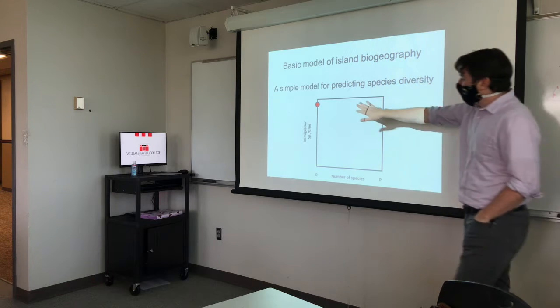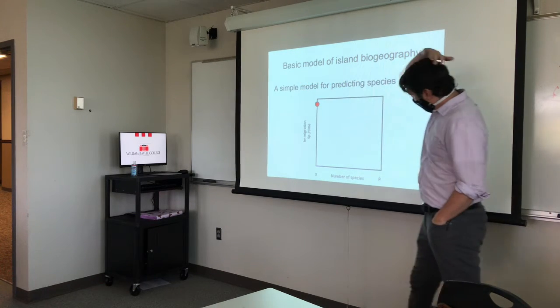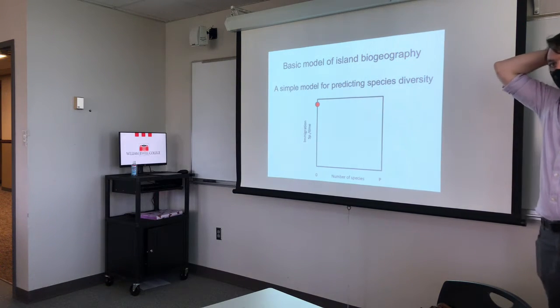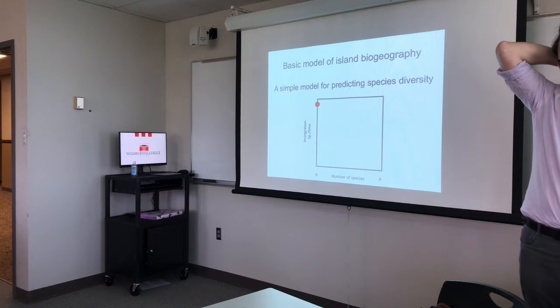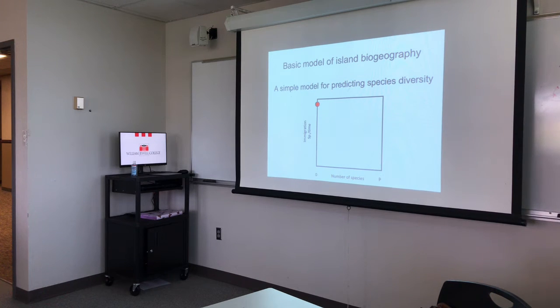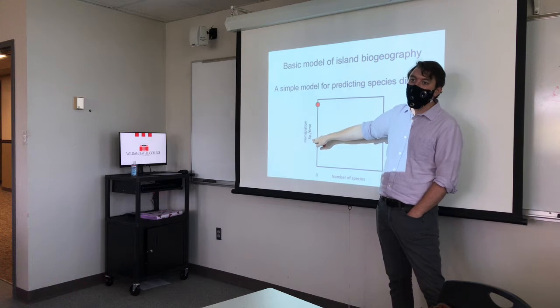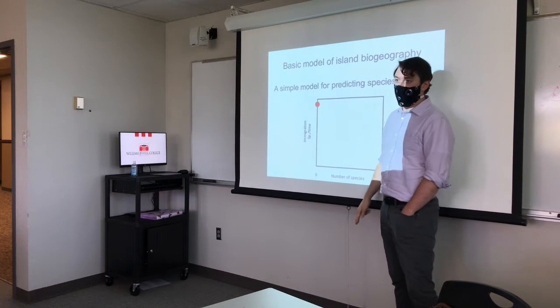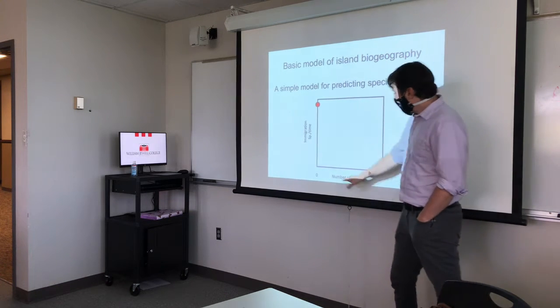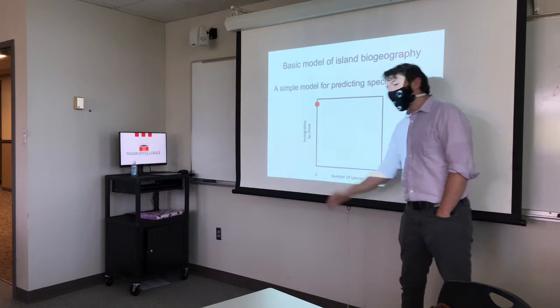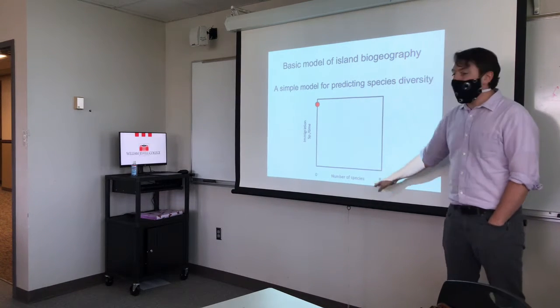What are the axes on this little plot I've made here? What are the x and y axes? Yeah, number of species and some rate. This is species per unit time. In this case, we're going to start with an immigration rate. And we go from 0 species on an island to P, some large value that represents the total number of species in the pool.